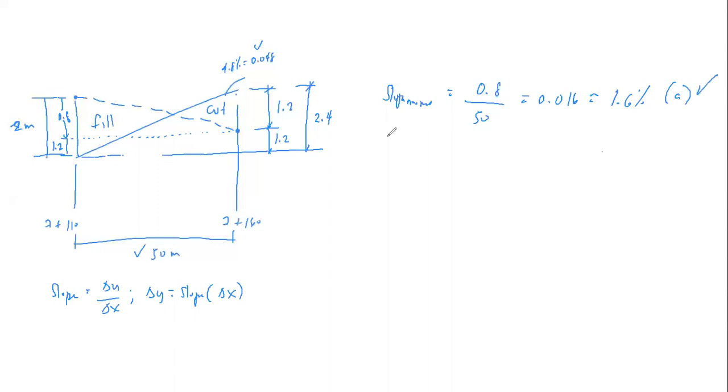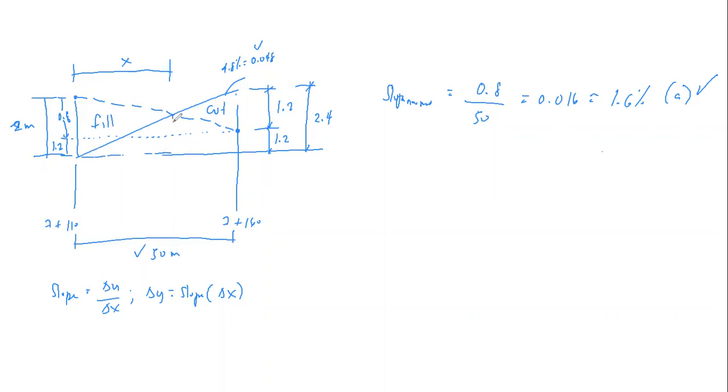Now part B. From the first station, how far should we extend the fill? We can let a variable x represent the required distance. To find x, we consider this part, given the slope of this line and this horizontal distance.